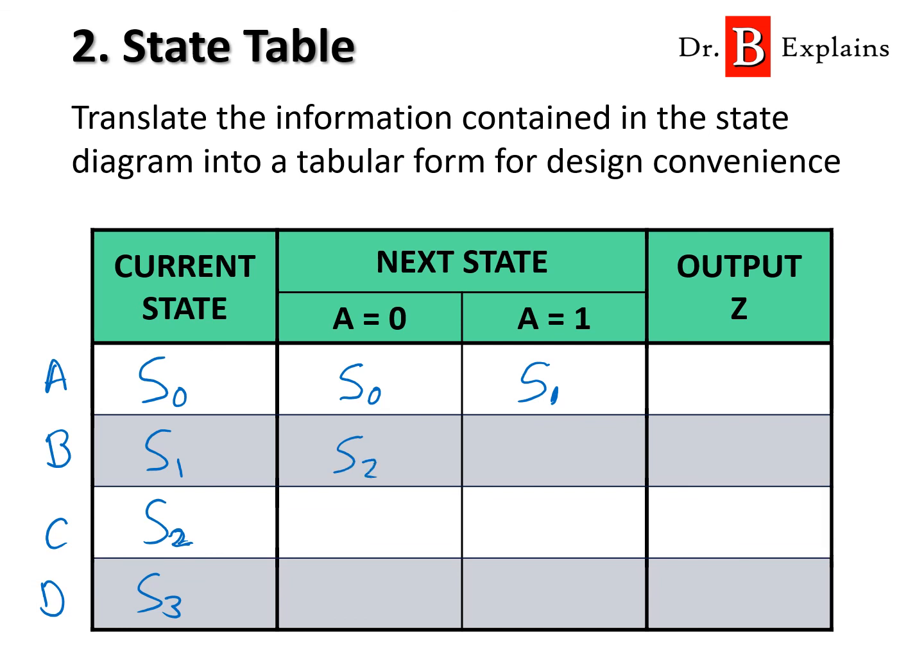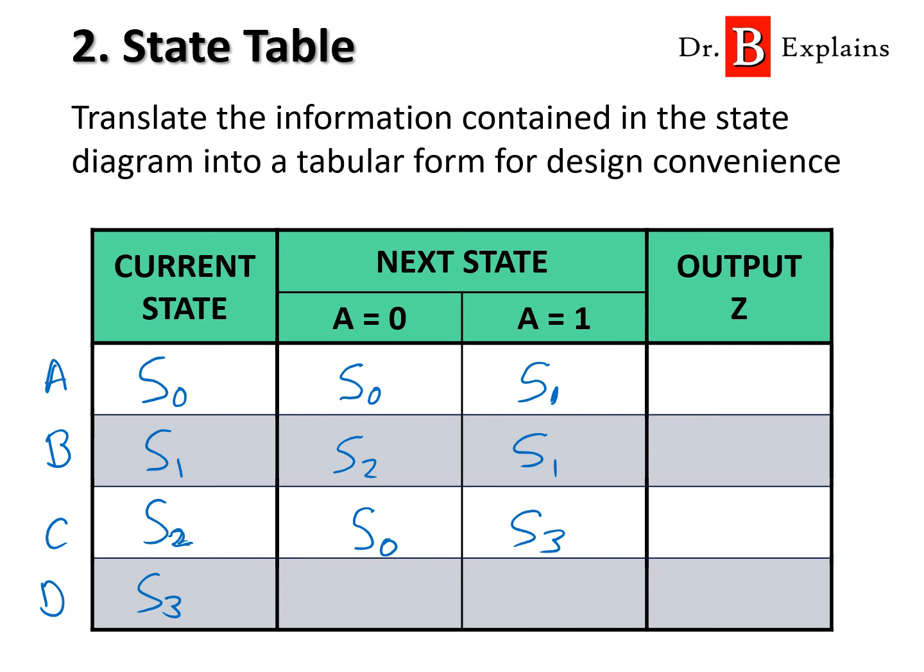So I go to S2. In the case that I get an input A equal to 1, I go to S1. Also, whenever I'm in S2, if I get an input of A equal to 0, where does my arrow point? To S0. In the case of an input of A equal to 1, the arrow points to S3, and so on.